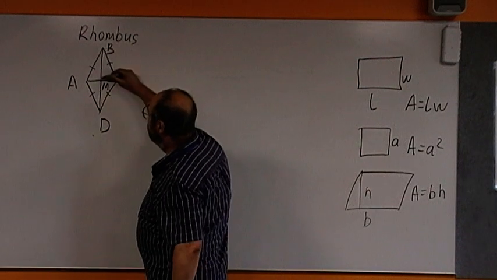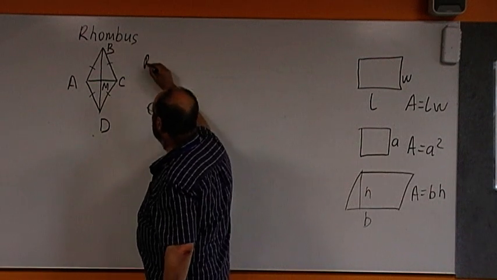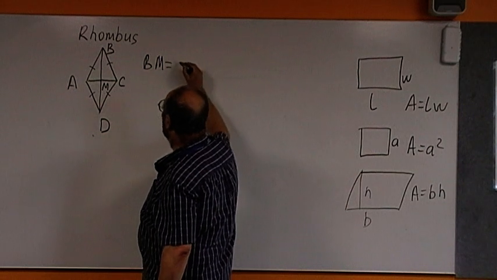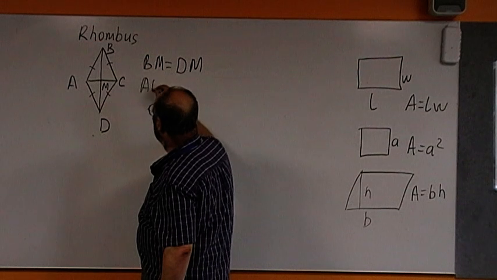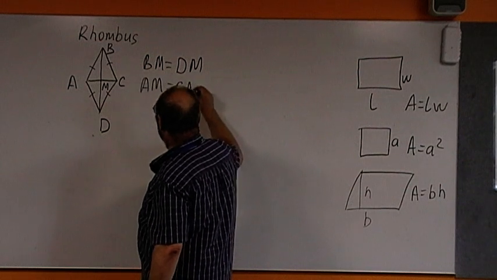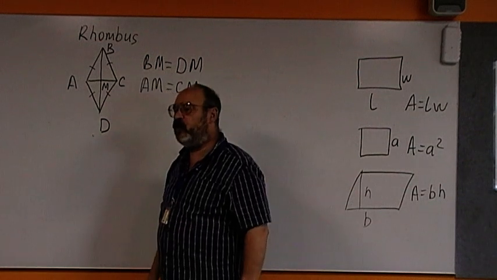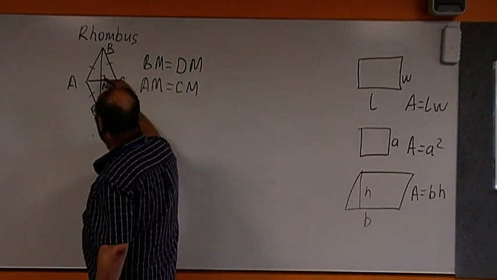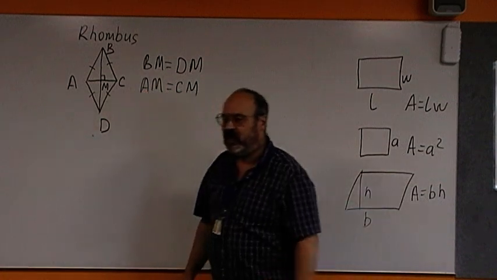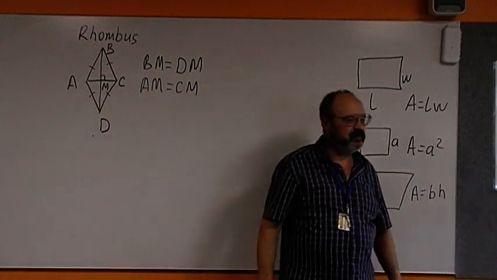So BM equals DM, AM equals CM. And another property of the rhombus is that its diagonals intersect at a right angle.